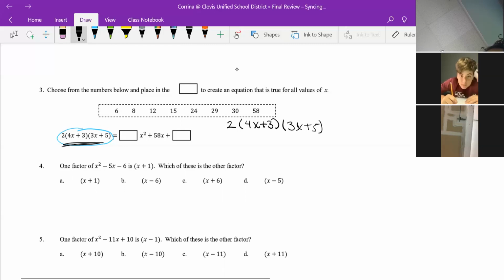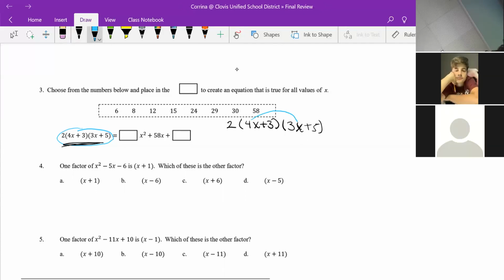And do you remember when I did it in class, I told you you could distribute the 2 first, but I always suggested to double distribute this first and leave the 2 alone? Yeah. Okay, so that would give 12x squared plus 15. And then keep going. Oh yeah, you got a double.